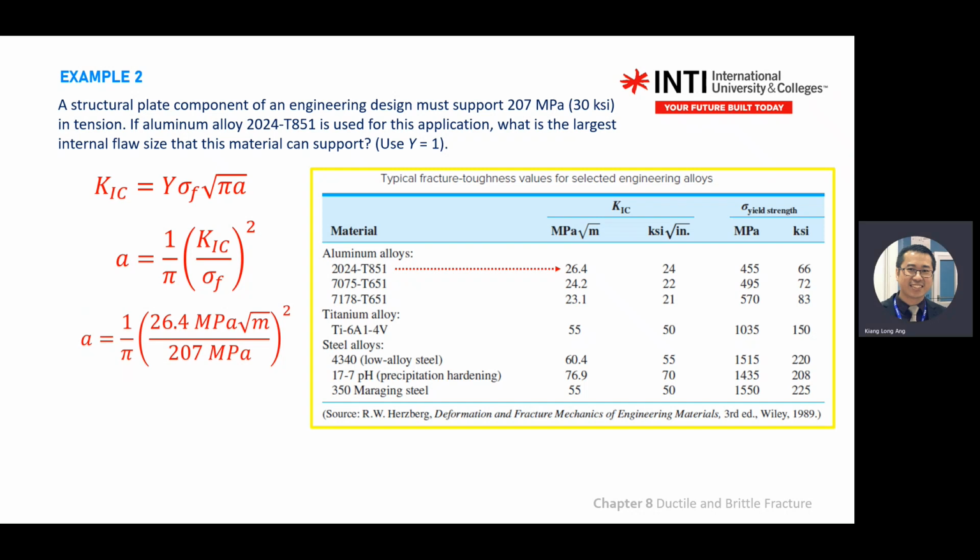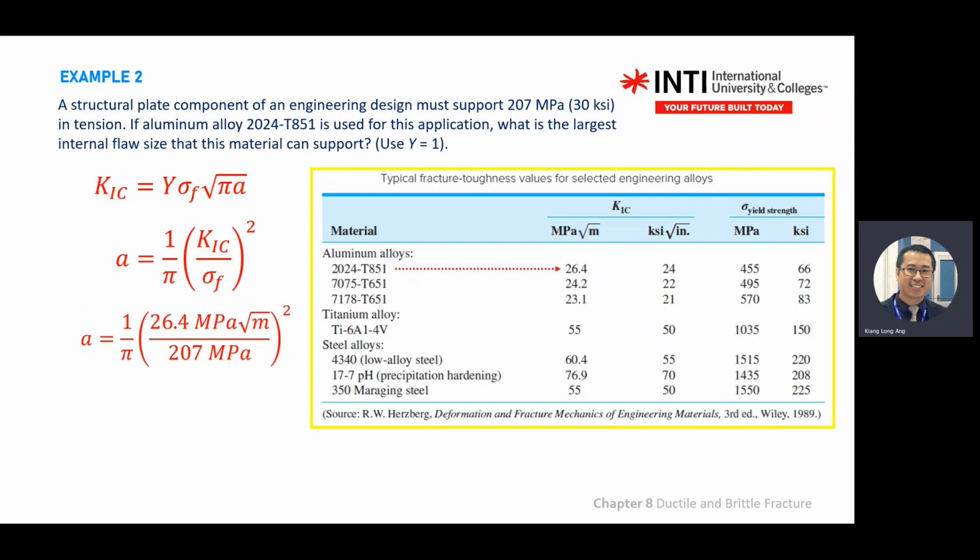K1C, you read from the table. Remember to put in the units: megapascal square root meter, megapascal. So we can cancel Pascal, megapascal, megapascal. The square and square root cancel.